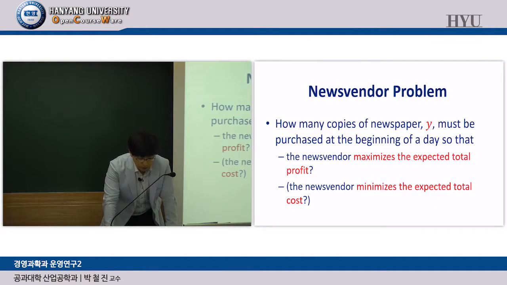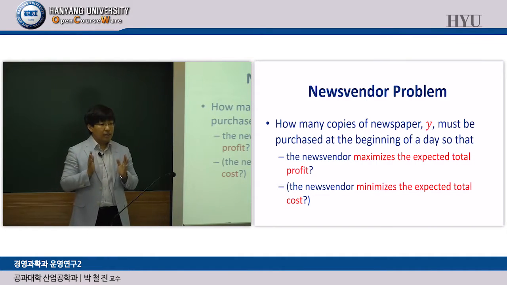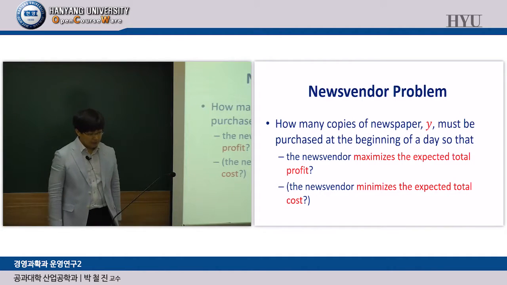So we are going to use some notation. This Y represents the number of copies of newspaper we want to order. We call this a decision variable in operations research. Which number? What kind of number? Integer, right? Positive integer, 0 to infinity.